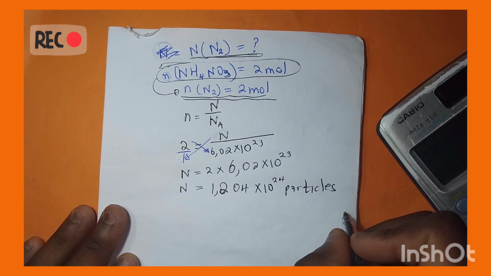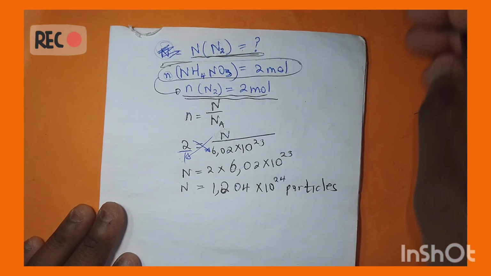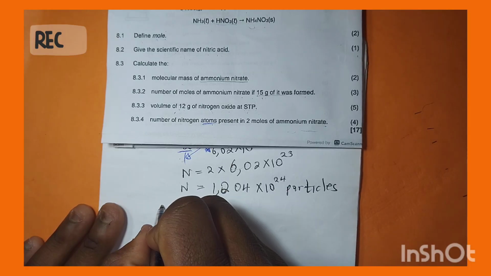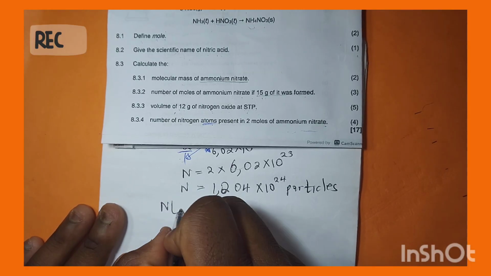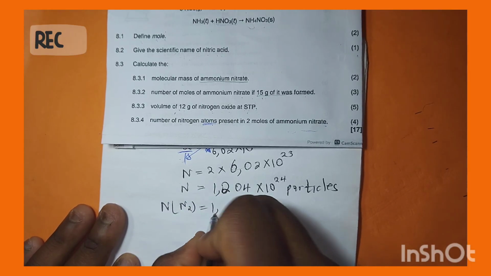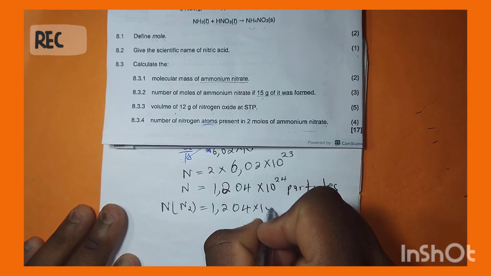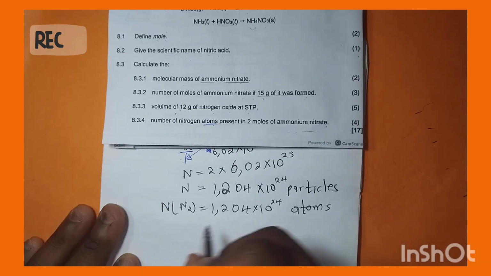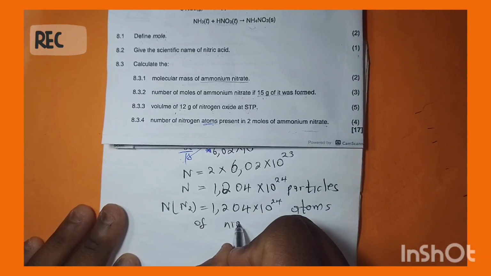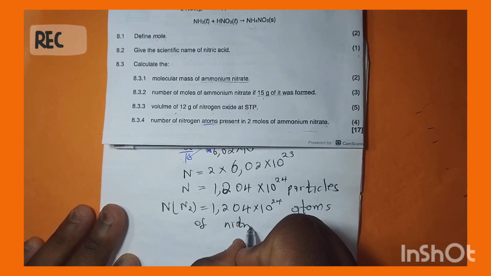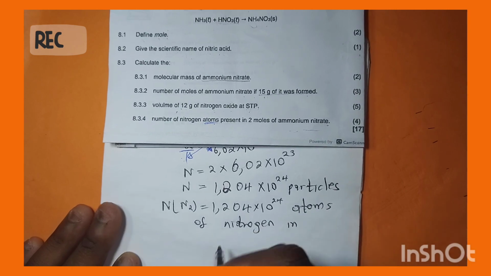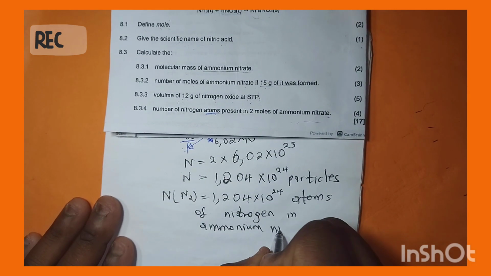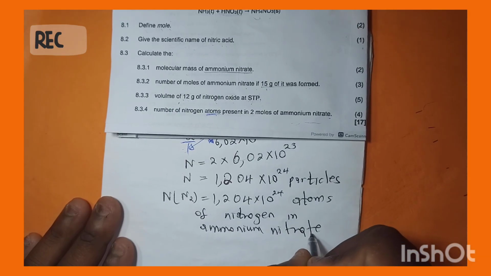Now, because the question was asking about the number of atoms, you can say that the number of atoms of nitrogen is 1,204 times 10 to the power 24 atoms of nitrogen in ammonium nitrate.